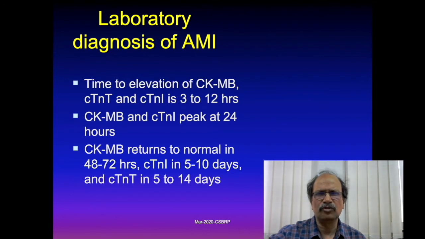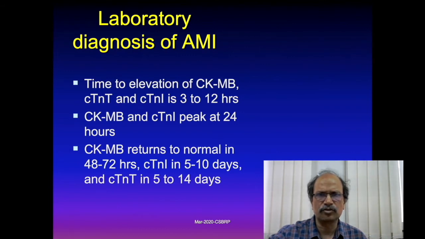CKMB and troponin I peak within 24 hours, and then CKMB returns to normal within 48 to 72 hours, whereas troponin will take 5 to 10 days in the case of troponin I, and in the case of troponin T it may take even 2 weeks to return to normal.